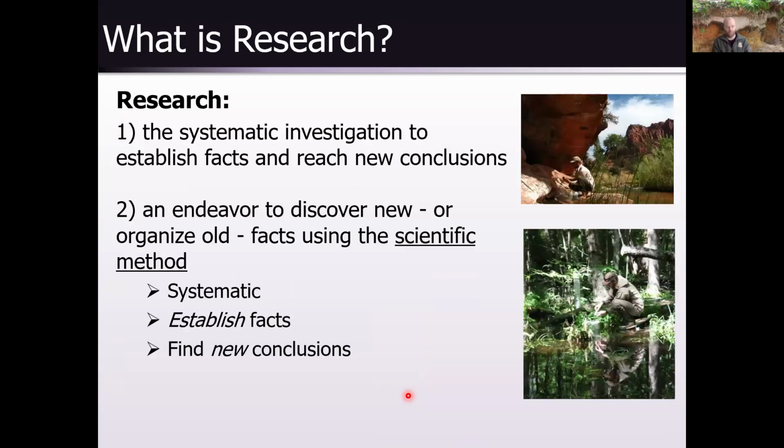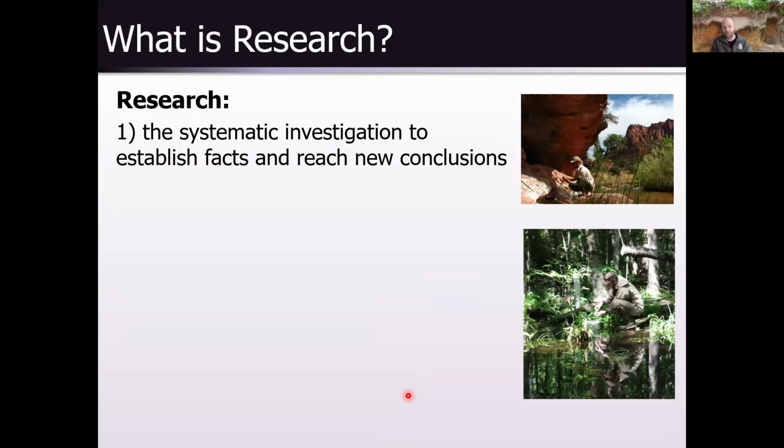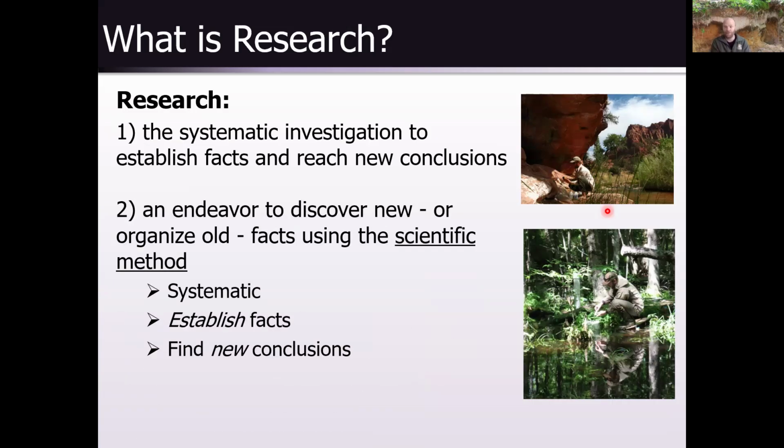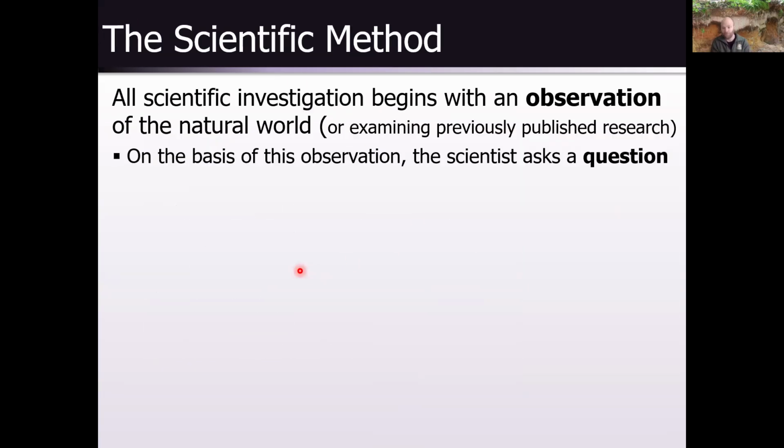Research specifically, and here are a couple of pictures of me conducting research over the years, is a systematic investigation, and it's done to establish new facts or reach a new conclusion. Research is an endeavor to discover something new, or at least organize old facts, using what is known as the scientific method. More on that in the next slide. So really, it's a systematic investigation to discover new facts.